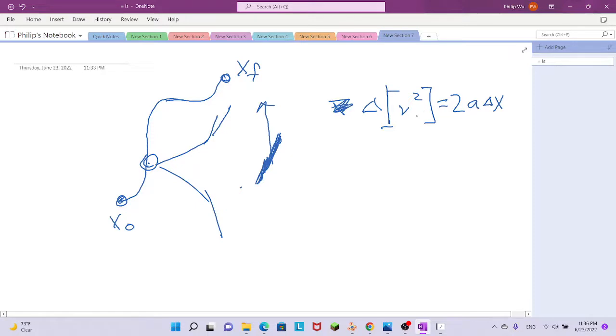But in the question we gave ourselves, we didn't know the acceleration, we only know the force, so we need to get the force into this equation somehow. It's very simple. We just multiply both sides by the mass of the object, and then we just get this.